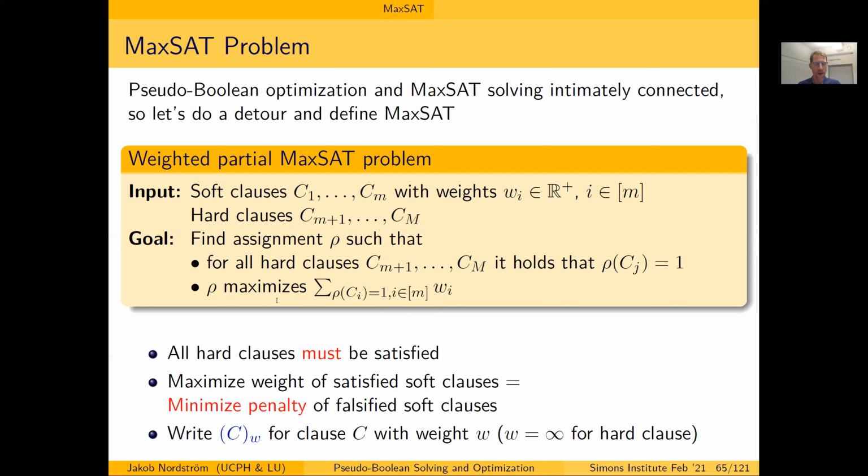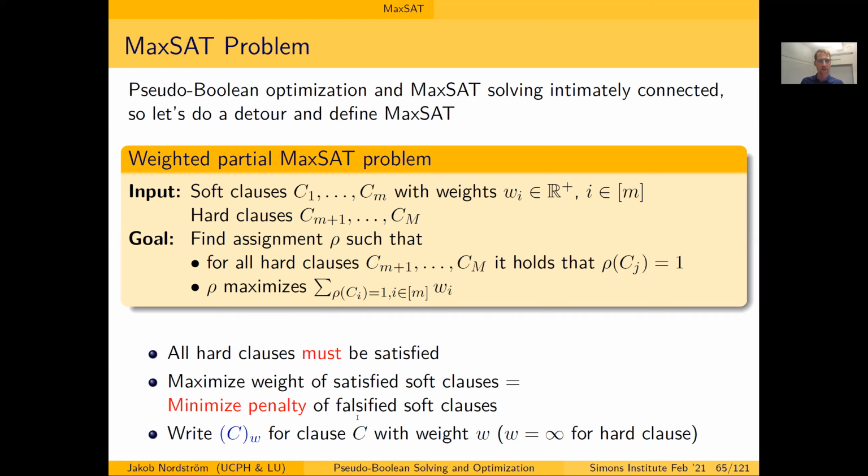Except that from now on, and for the rest of this talk, we'll think about this as a minimization problem instead. Remember that we want to think of our pseudo-Boolean optimization problems as minimization problems. But here it's fairly natural. We can minimize the penalty of the soft clauses that we fail to satisfy, that we falsify.